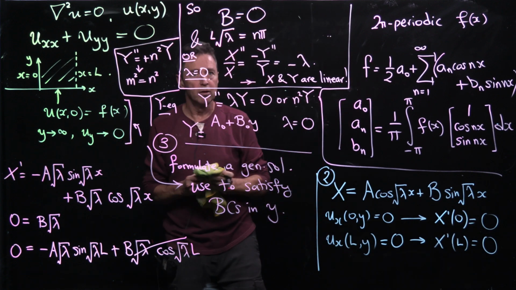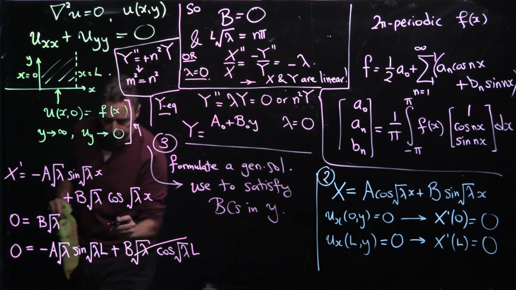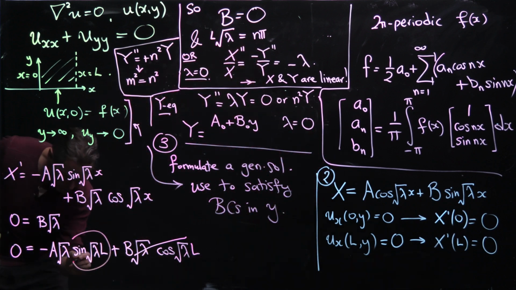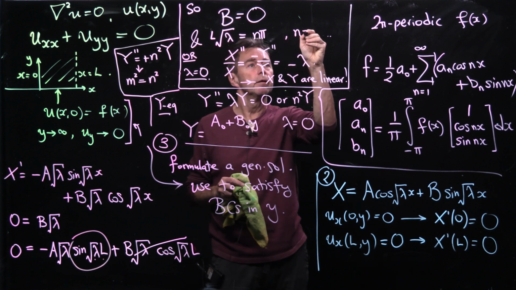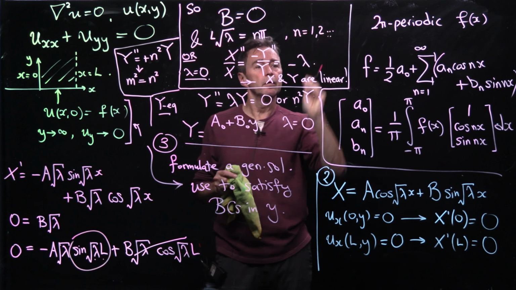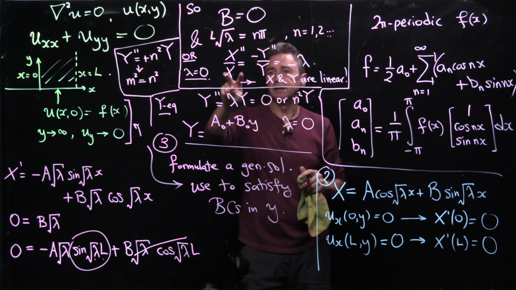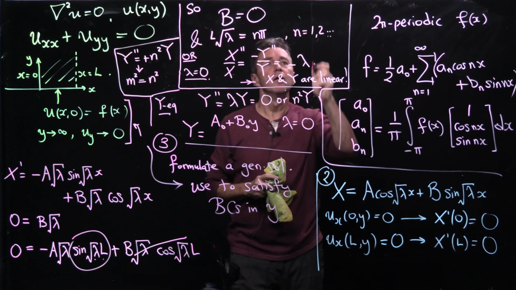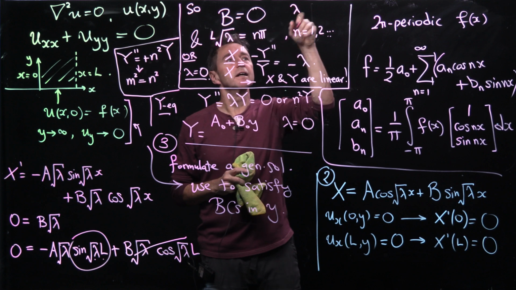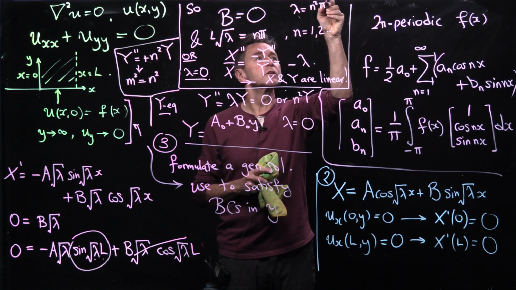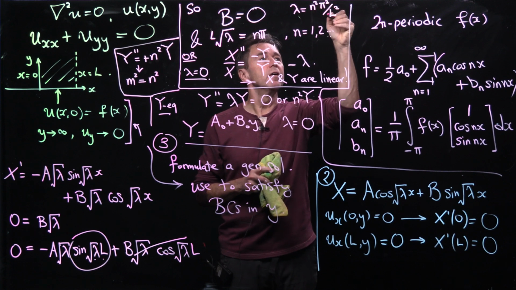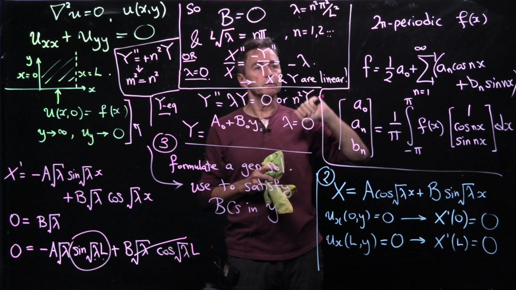I put it as L. So to get the sine function to vanish here, I have to get the square root of lambda times L to be an integer times pi. Okay, that means that lambda, in this case, is n squared pi squared over L squared. If L is equal to pi, I get back to where I was before.